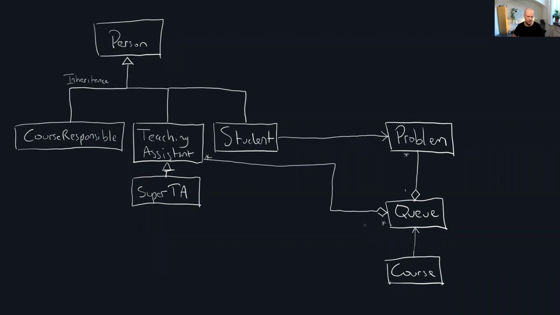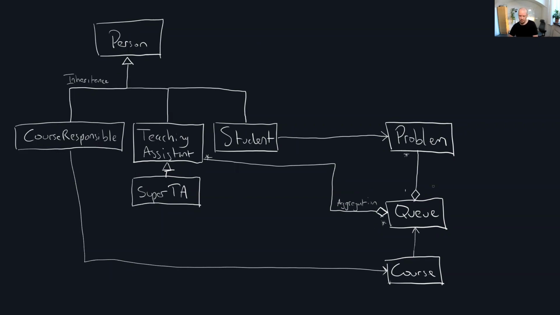Again, we can see how this starts to get a little bit squirrely when we try to model this way. And of course, the course responsible should be associated with their course to do all the management things and all the rest. So we have the inheritance. Over here, we have this diamond shape relationship, and here what we're saying is there's going to be an aggregation. There could be many teaching systems associated with many queues.